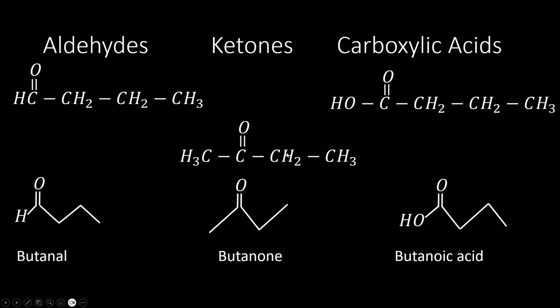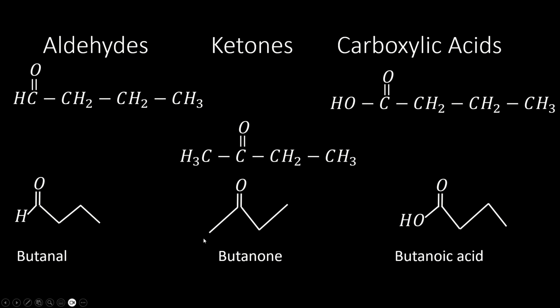If one of these interior carbons has the carbonyl group, then we can call that butanone. And as you draw the line structure, just put it on one of the appropriate interior carbons.